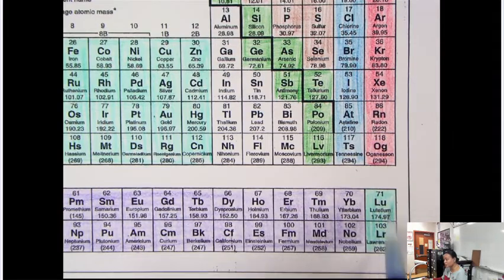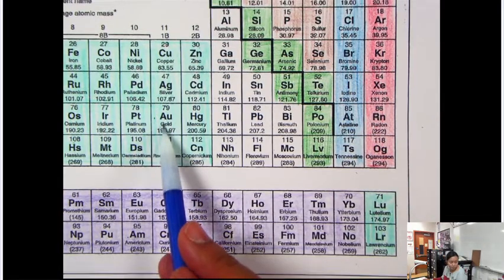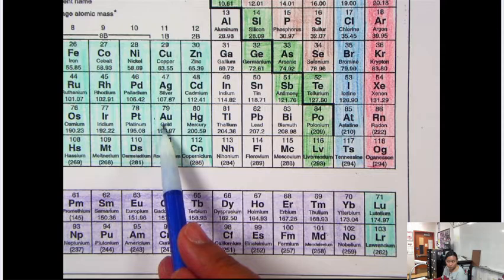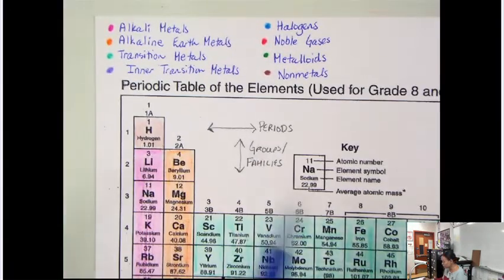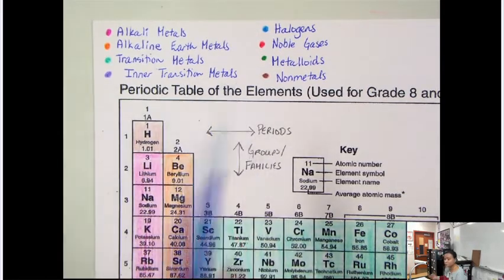Make sure they're the same color as up here. And you have a different color for the ones that ended with an F. The ones that end with an F are called inner transition metals.